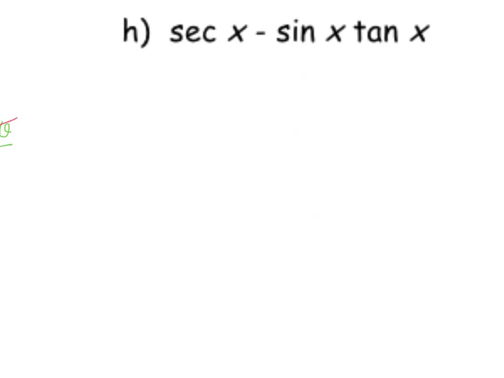Alright, letter H. Getting a little more difficult here. Alright, so secant of x minus sine of x tangent of x. Alright, see what we got here. Secant is 1 over cosine. Okay? Now, just to let you know, there are lots of different ways of simplifying. It's not always, well, I'm just going to change everything to sines and cosines. With practice, you'll see that sometimes that's the best method, sometimes it's not. 1 over cosine minus sine of x.